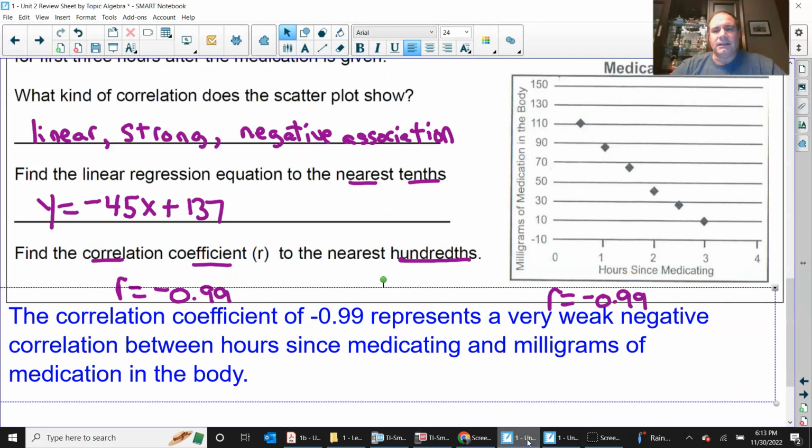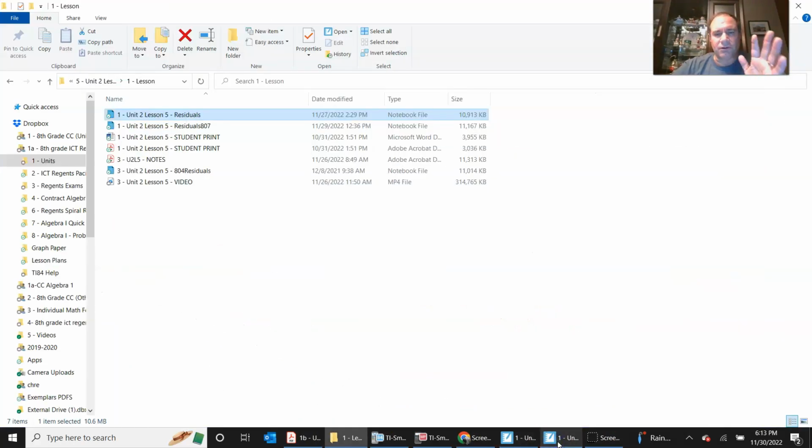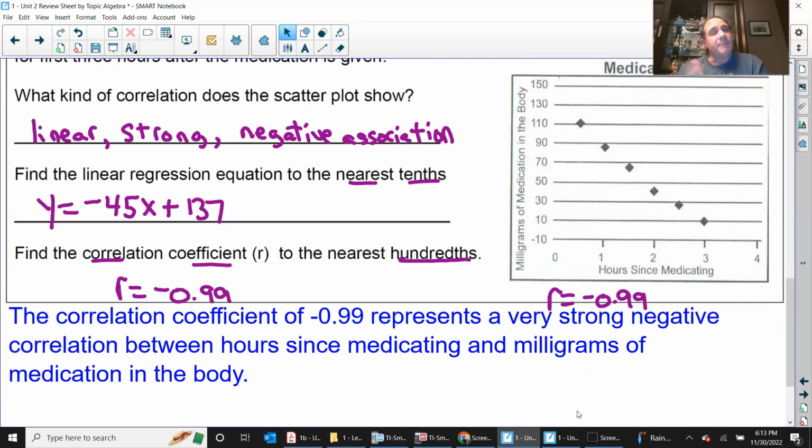0.99 is a very, very weak negative. Sorry, very strong negative. I meant to put strong. So when it's close, you have to change this to strong. Very weak negative would be closer to 0.